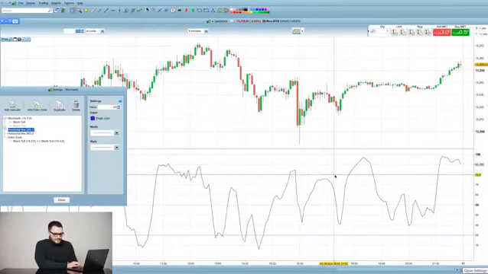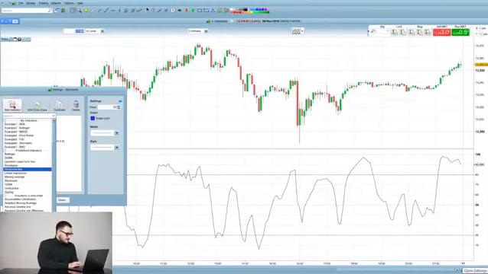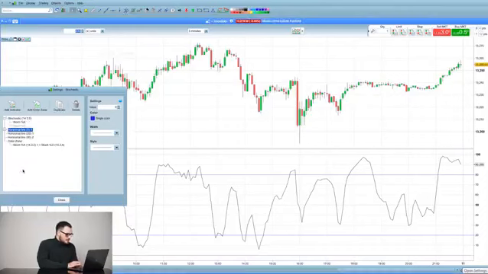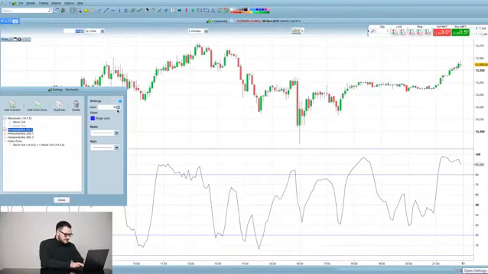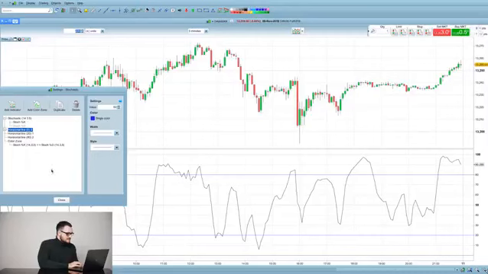The important values are 80, 20, and let's add a few more. Those are the 50, the middle, the so-called zero line, the neutral area. So let's add the 50.